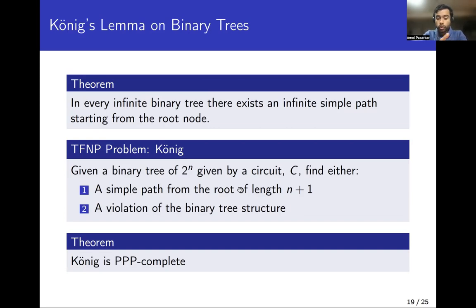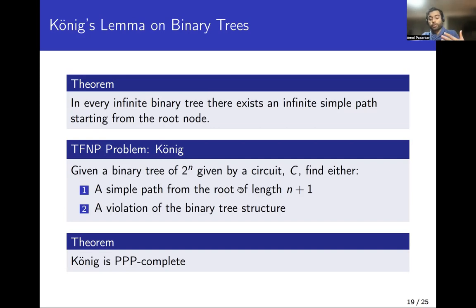We start at the root, and we note that at least one of the left or right sides of the binary tree contains infinitely many nodes by the pigeonhole principle. So we can proceed in that direction, and then we can repeat this argument on that subtree, and we can repeat this forever until we yield this infinite simple path.